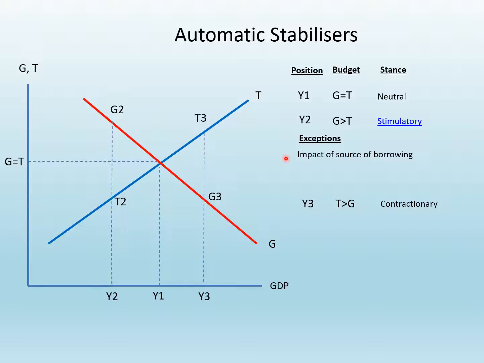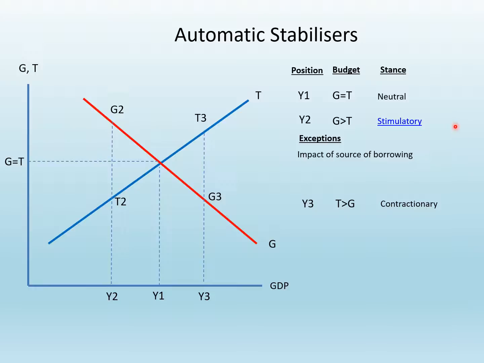For example, if the government budget deficit is being funded by borrowing from the capital market, and it was the primary long bond market, and if you have a situation where that causes increased interest rates and it crowds out private investment, refer to the earlier slide, the crowding out of private investment might actually prevent the stimulatory effect of the government budget deficit.